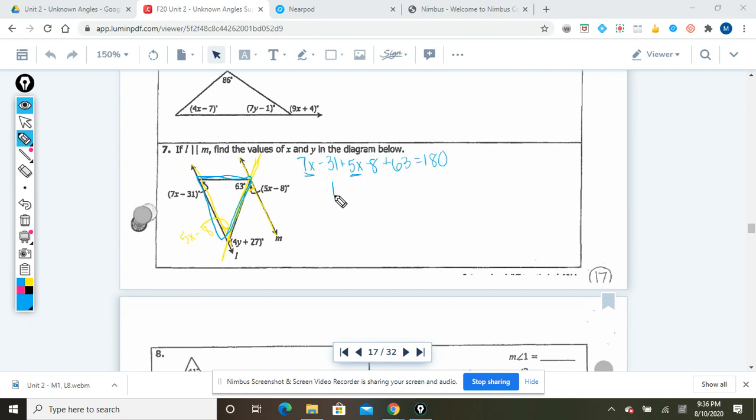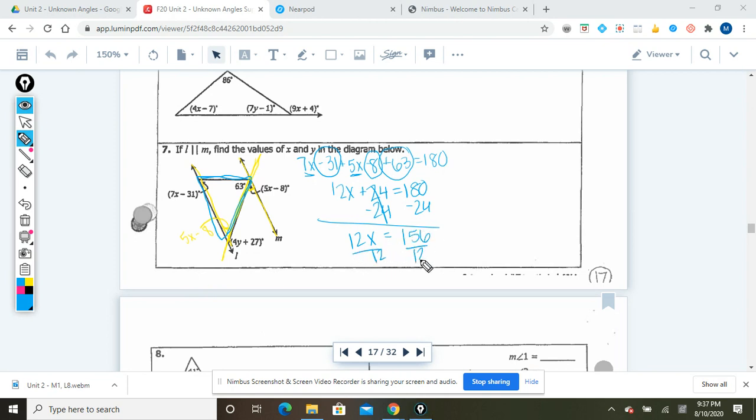7x plus 5x, that's 12x. Negative 31 minus 8, that's negative 39. Plus 63, that's 24. Equals 180. I'm going to subtract 24, subtract 24. I get 12x equals 156.